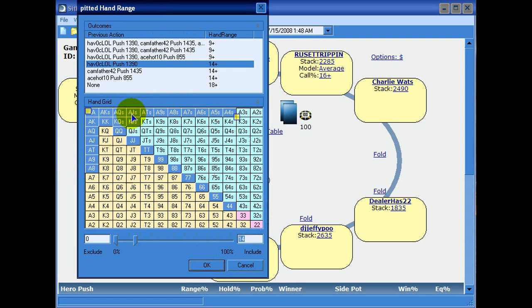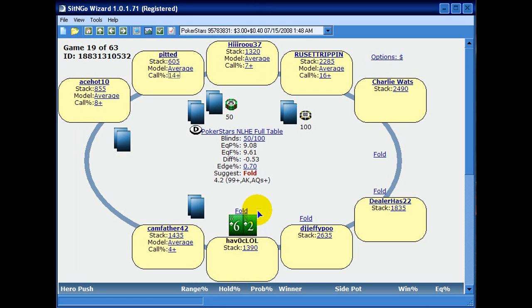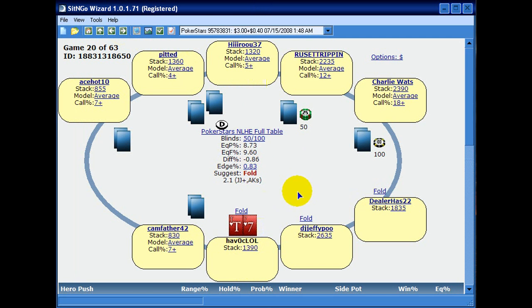I don't know, maybe he calls King-Jack suited. People fall in love with the cards, pretty cards like King-Jack suited. So maybe he is calling with that. But in any case, even at a glance, we can just tell that this is a minus dollar EV push.